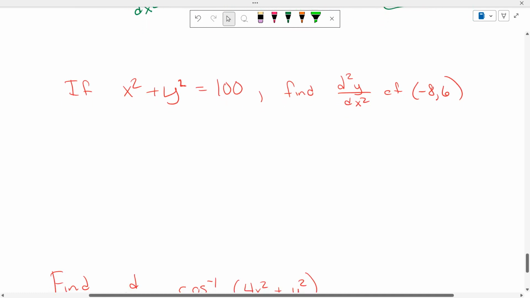Let's find the second derivative of this. All right. So it's 2x plus 2y dy dx equals 0.